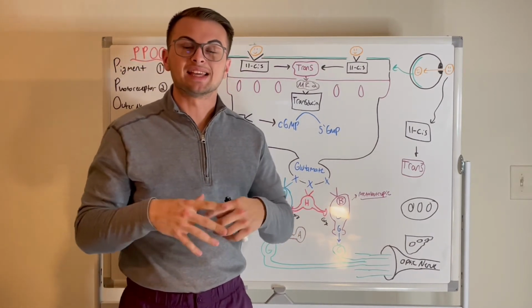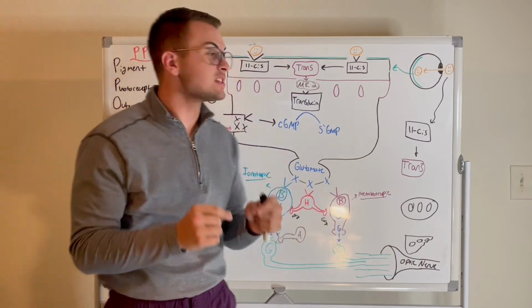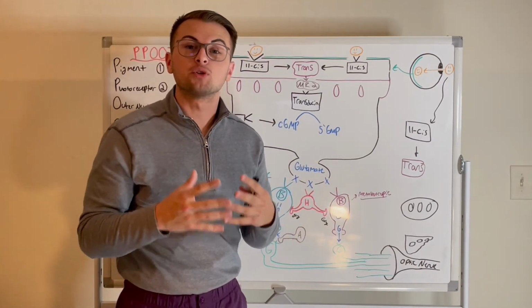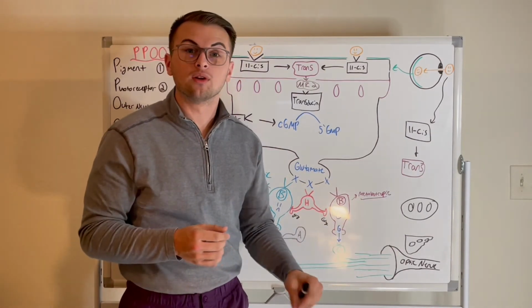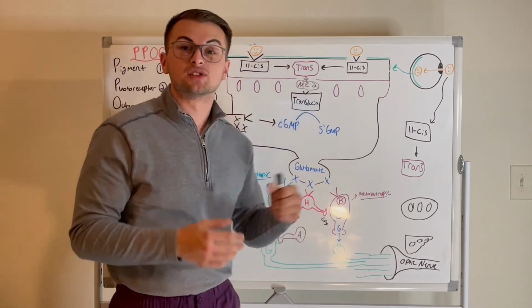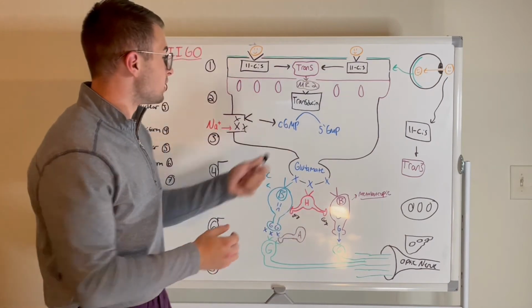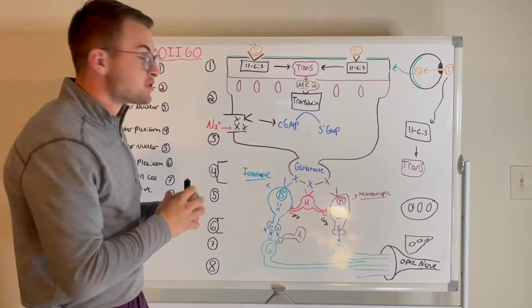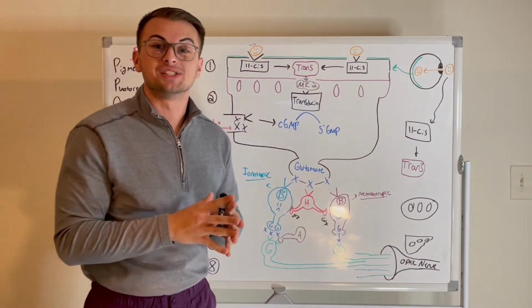At rest, or let's say in the dark, the 11-cis retinol is resting quietly within the photoreceptor rod or cone. This means that transducin is also at rest. Cyclic GMP is bound to the dark sodium channel. Sodium is flooding into the photoreceptor, which is depolarized.